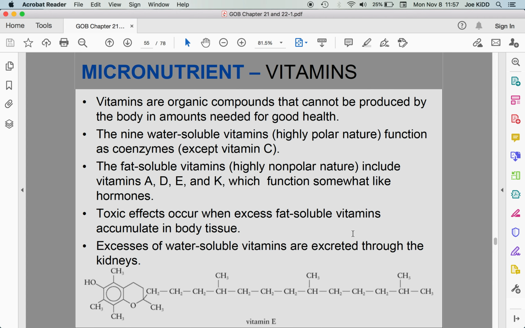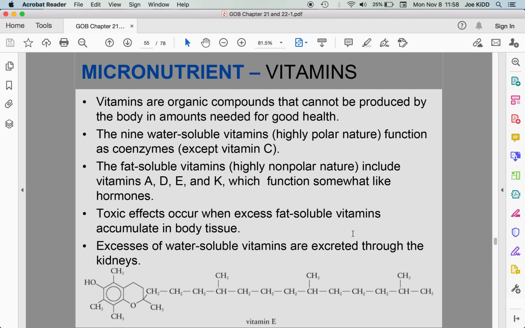If you've ever taken a multivitamin before, you may notice that your urine the next day or later that day is bright yellow. That's actually a lot of the vitamin B in the multivitamin that you are excreting.